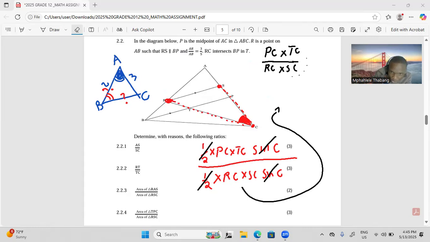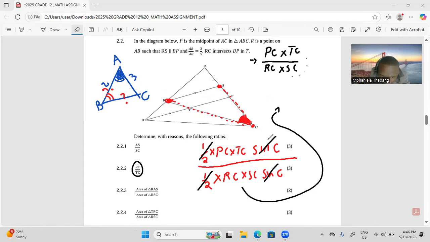Now, as we continue solving this, I want you to go back to question 2.2.2, where we had something like RT over TC.